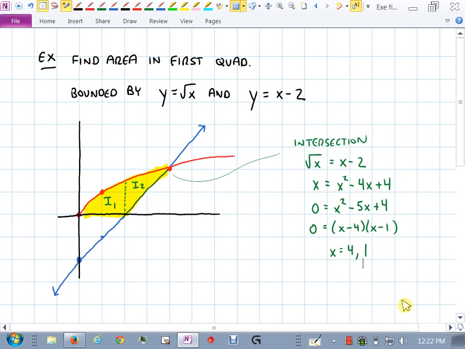Can we now do the integrals? I'm going to call the red one f because it's on top, right? At least it's on top when we're looking at it, right? It's not always on top, is it? If you go past 4, the blue one becomes the top one, the red one becomes the bottom one.